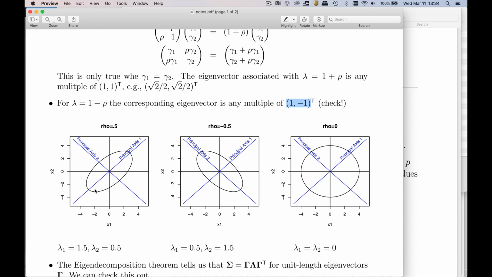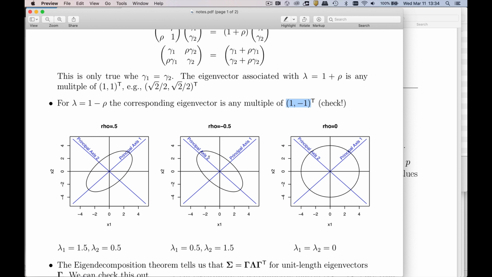What we can say is 3/4, or 75%, of the variance in this data set goes in this direction. Only 1/4 of the variance is in this direction. With the original variables, x1 and x2, the variance in each direction was 1. But by changing these axes, we've identified a new dimension where most of the variance takes place. And how much variance? Well, 1.5.